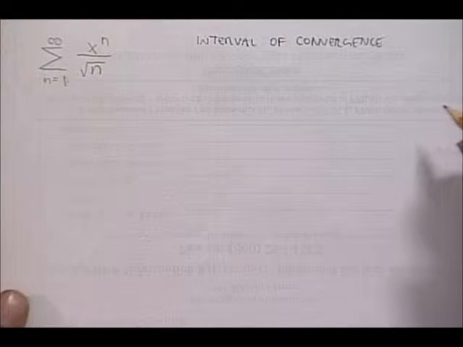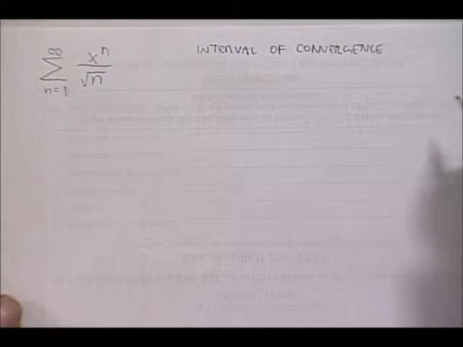Well, the way we're going to go about solving not just this problem, but a lot of problems like this where they ask for an interval of convergence is you're going to use that ratio test.